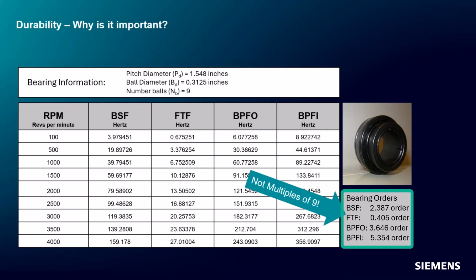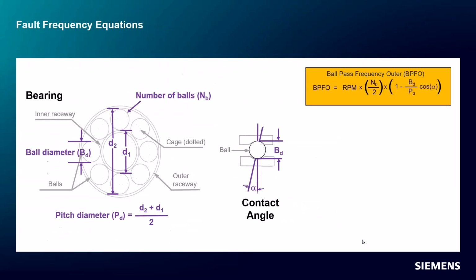So what these abbreviations stand for, I've got on the next slide here. You can see that we have the ball pass on the outer race here. And there's a formula where you can take the geometry of the bearing and plug these dimensions into the formula and you'll get what they call the outer race frequency.